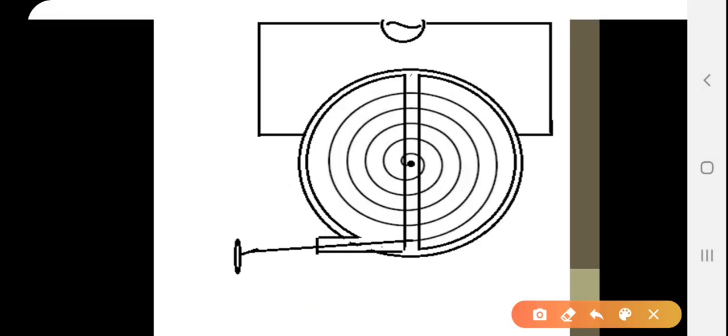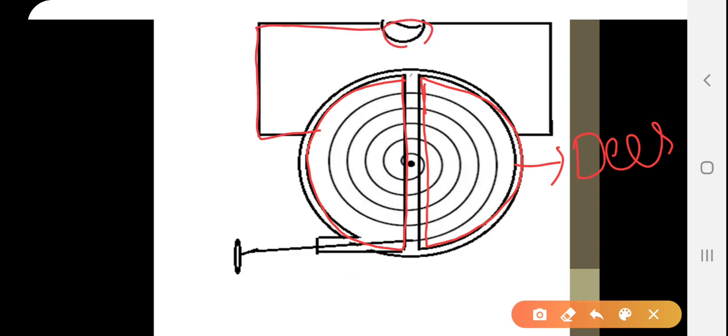See this diagram. These are two hollow metal electrodes. We call them Ds. Each D is connected with an alternating voltage.